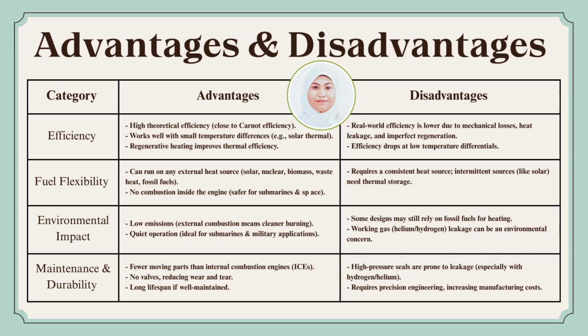Solar, nuclear, even burning cow dung, this engine isn't picky, but beware, inconsistent heat sources need backup like thermal batteries to keep the power steady. Third, environmental impact. Quiet operation, emission free, and perfect for stealth submarines, unless helium leaks. Even green tech has trade-offs.